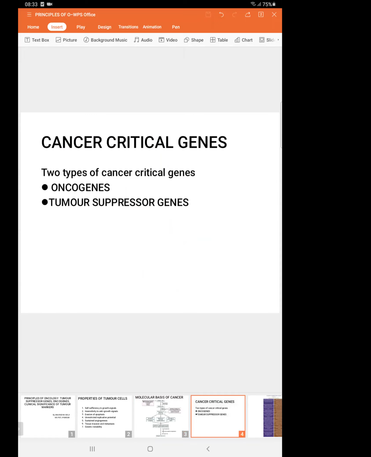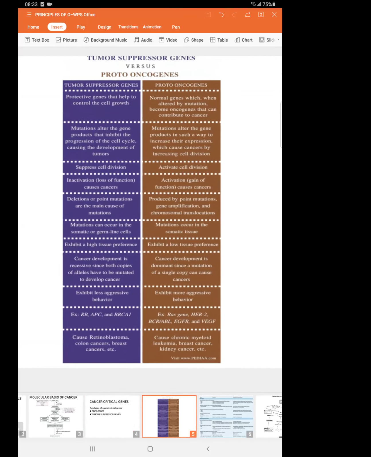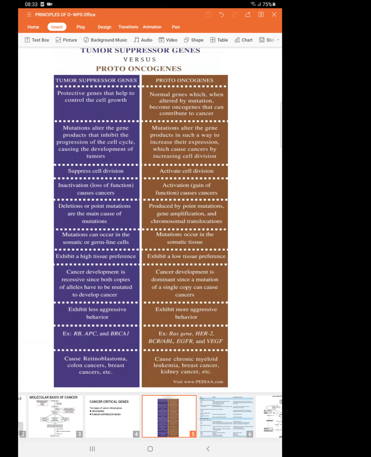The cancer critical genes are the oncogenes and the tumor suppressor genes. This slide differentiates between the tumor suppressor genes and the proto-oncogenes. The tumor suppressor genes are primarily protective genes that help to control cell growth, and mutations in the tumor suppressor genes lead to loss of inhibition of the progression of the cell cycle, resulting in the development of tumors.